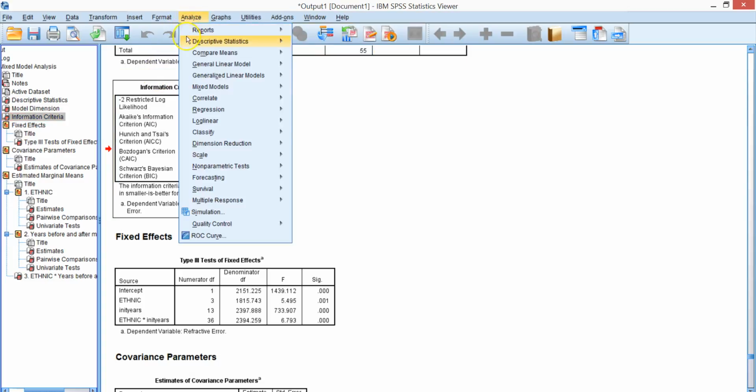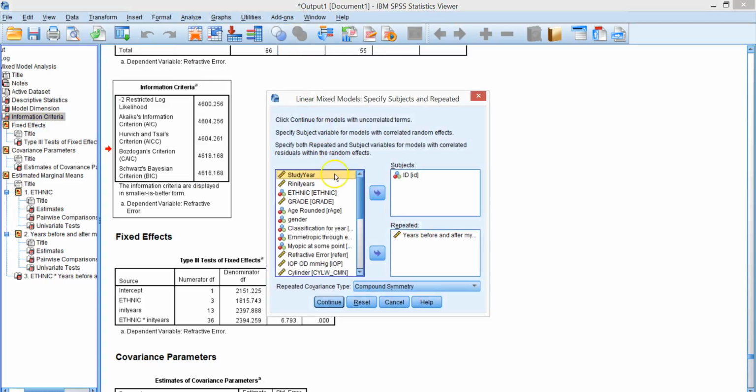Let's go in, and these are years, and the characteristic of years is that as we go down, we would expect years closer to each other to be more correlated, the data to be correlated higher than years further apart. For example, refractive error would be more correlated if you measured it 1 year and the next rather than 1 year and 5 years next.